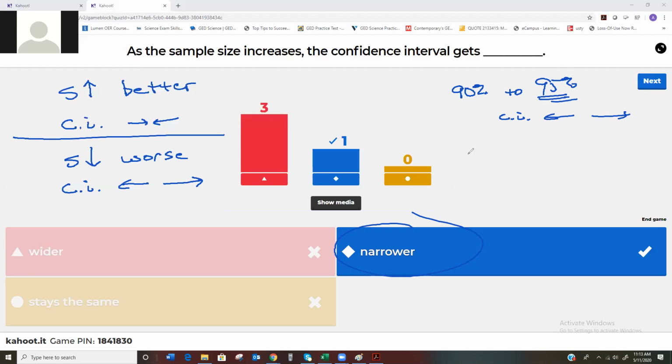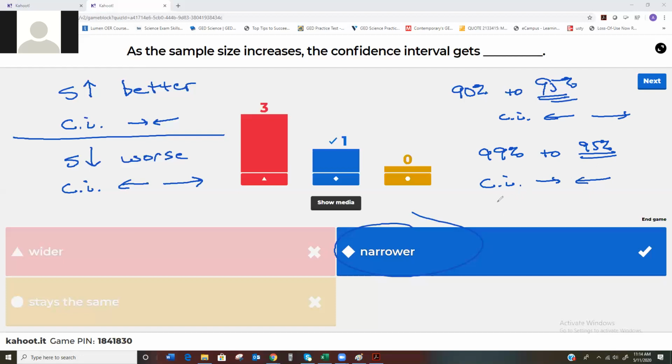And the same the other way. Let's say you were at 99% and you lowered it to 95%. If we want to be less confident, then we can narrow the net. We're going to be less confident that we're actually going to capture the fish, the mean or the proportion. So we're allowing for less confidence, but that narrows up our confidence interval.